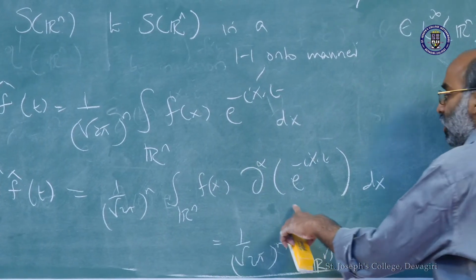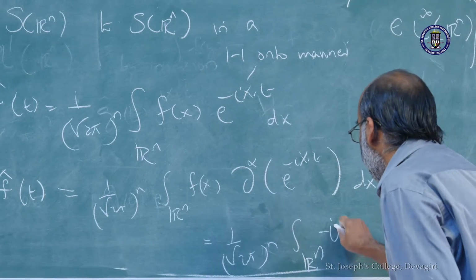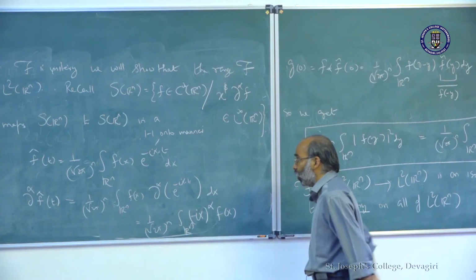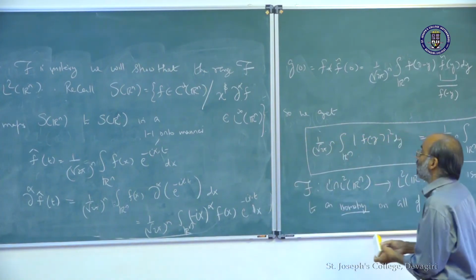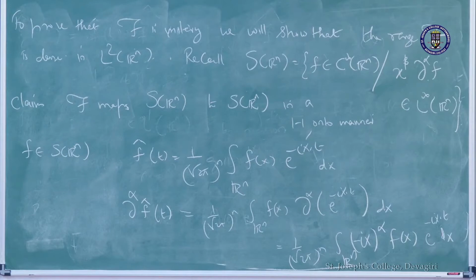If I differentiate this d alpha times, I get minus i x to the alpha f of x. So, that is my new function now, times e to the minus i x dot t dx, right. So, that much is trivial. The only thing to be justified is how the derivative d alpha goes inside the integral, but that is just DCT. Okay. So, we are very close to the end.